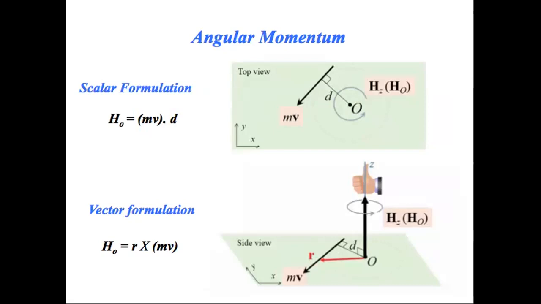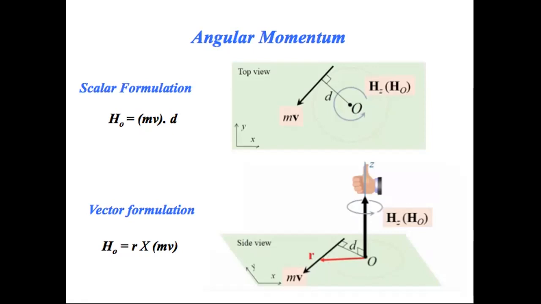And instead of the moment caused by the force, now we have angular momentum, which we show by H, caused by linear momentum. How can we calculate the angular momentum? The angular momentum H is calculated in two different ways: the scalar formulation and the vector formulation.